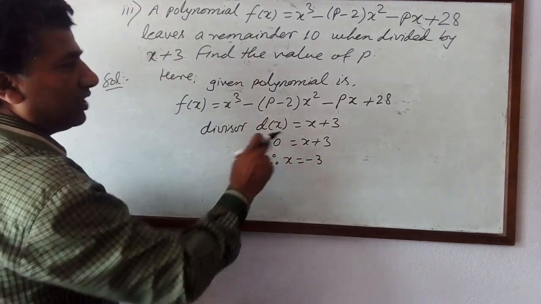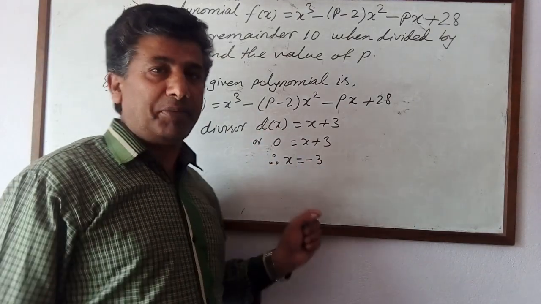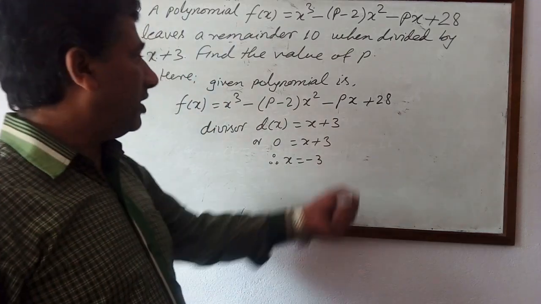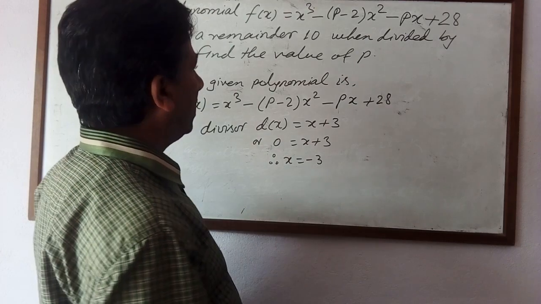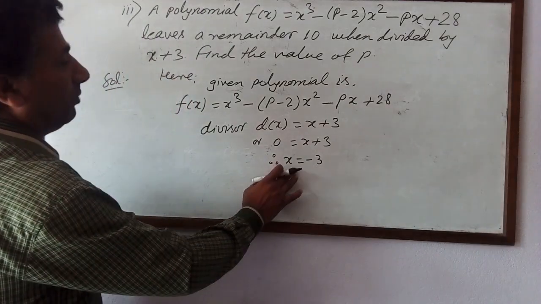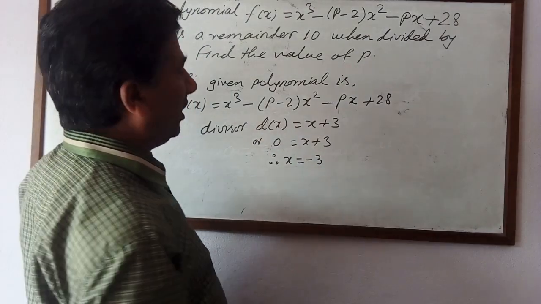Why you have to make this 0? Already I have explained in my previous video, that is remainder theorem. See that one 2-3 times, then you will understand, it will be clear. Okay, now value of x we found is minus 3.